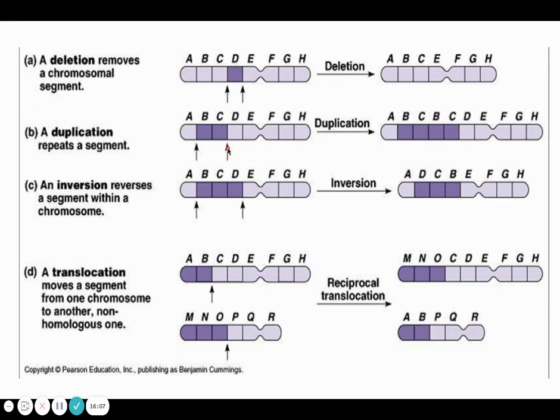Oftentimes duplications don't result in anything that's really noticeable in the offspring, because the information is still there. An inversion here, this should be helpful, hopefully. You can see here BCD. So this broke off, flipped around, and now it's going in the opposite direction. So DCB. So it's reading backwards.